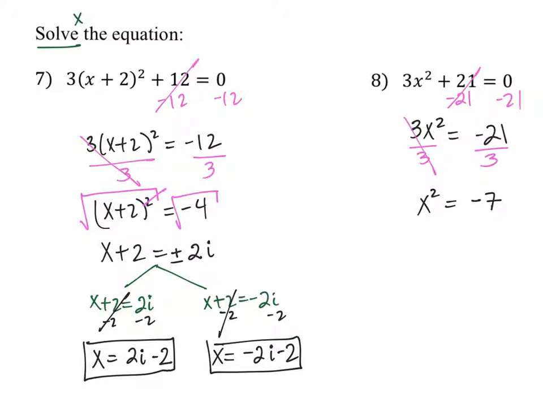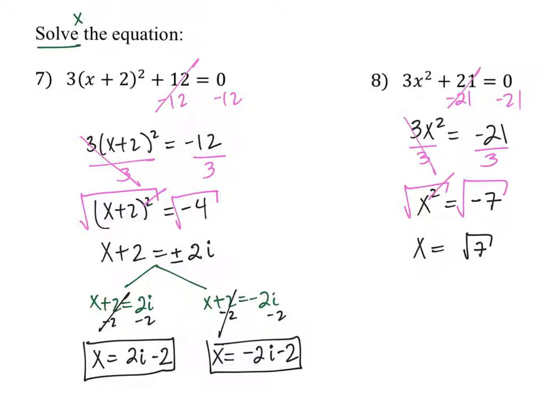To get rid of a square, I take a square root. So I'm going to take the square root of both sides. Cancels. x drops down. Now the square root of 7, so just ignoring that negative for a moment, the square root of 7 isn't a perfect square. So that means I'm going to keep the 7 under a root.